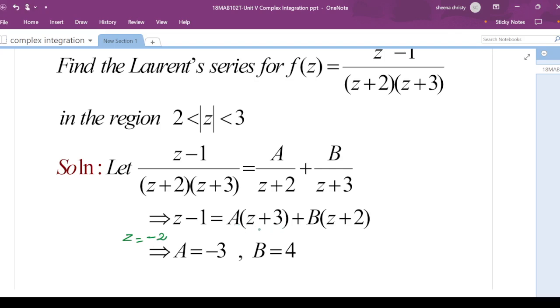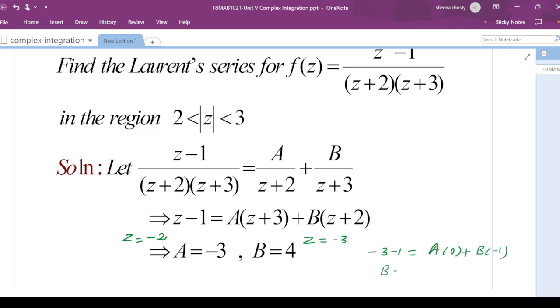So what will you get? Minus 2 plus 3 gives you 1, A. Here this term will be A and this term will become 0. So here, putting z equal to minus 2, you get A equal to minus 3. Then by putting z equal to minus 3, you will get minus 3 minus 1 equal to A into 0 plus B into minus 1.